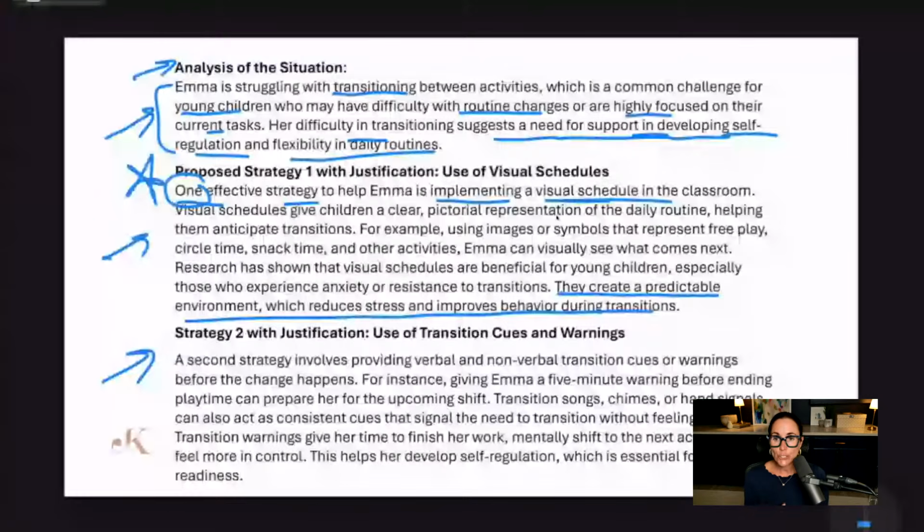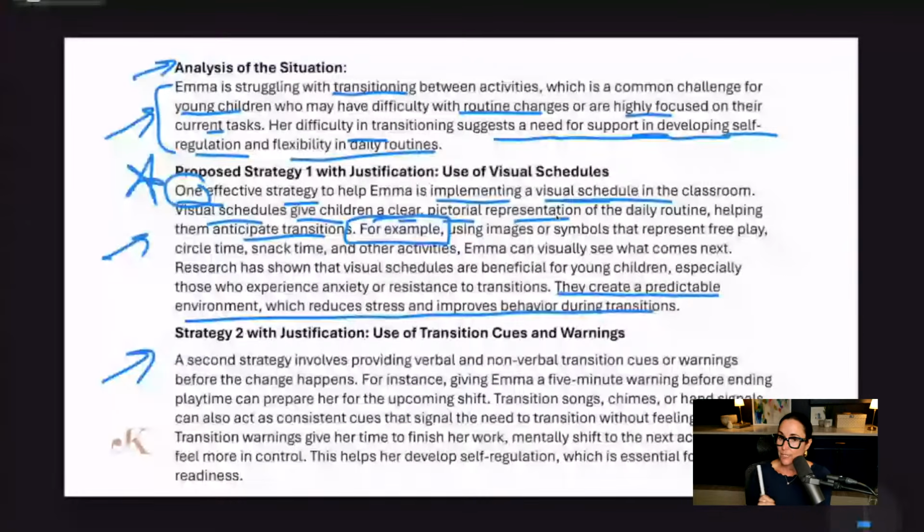Now I'm going to get a little bit specific and define it. Visual schedules give children clear pictorial representation of the daily routine, helping them anticipate transitions. Now I'm getting even more specific. This is a very important thing to do. For example, part of the rubric of what they use to grade you on here is specificity, using specific examples.